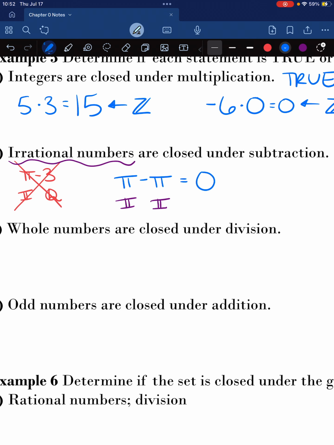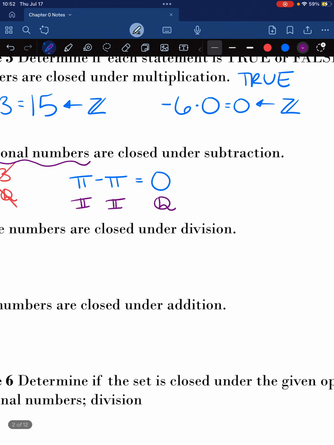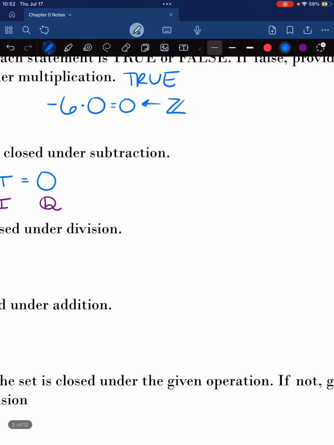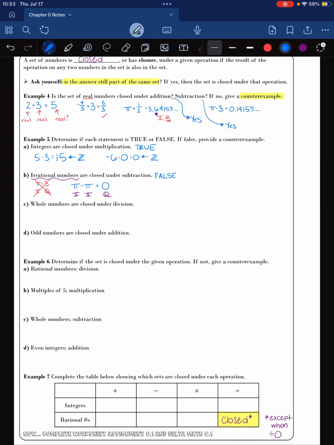And pi minus pi is 0, but 0 is not an irrational number. It is, in fact, a rational number. It's a whole number, most specifically. But because this answer does not belong to the original set, this is false. There is not closure for irrational numbers under subtraction.